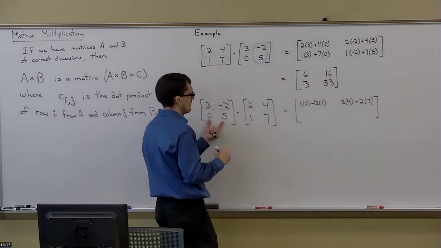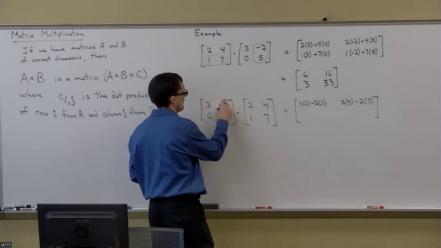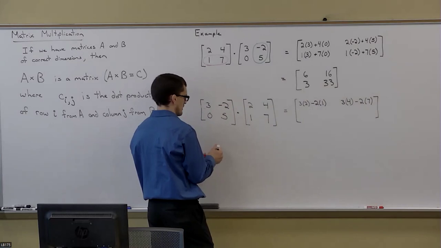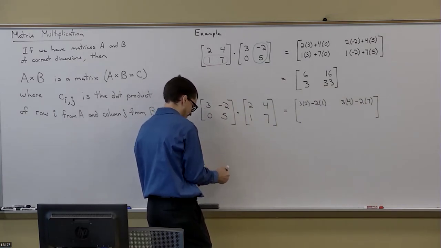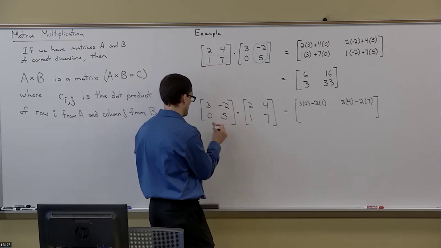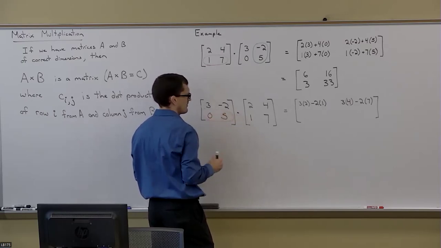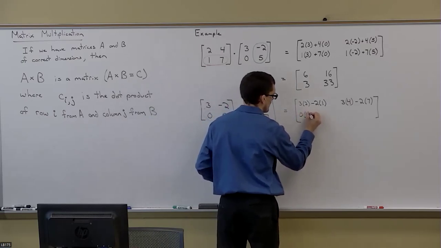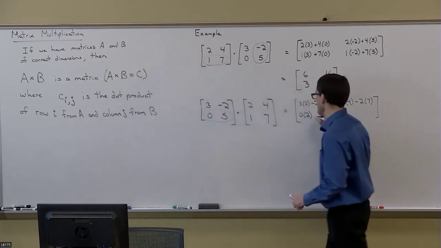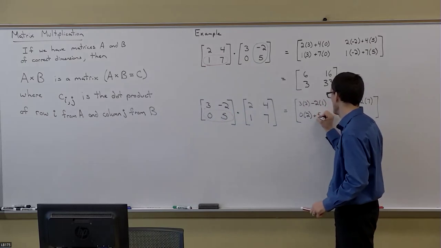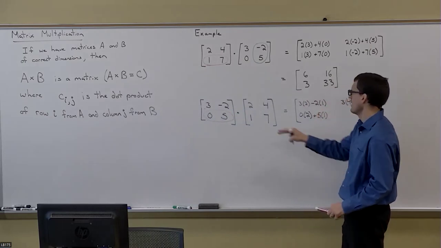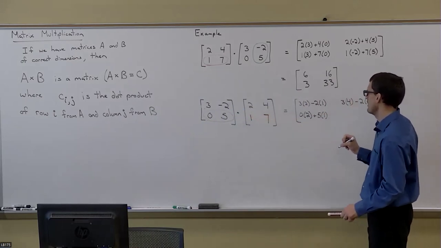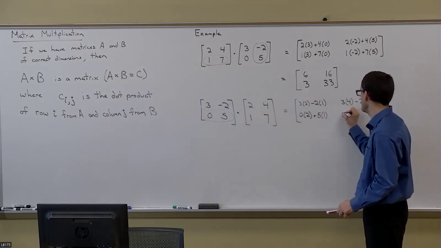Then I go to 0, 5, the second row. So 0 times 2 plus 5 times 1. Second row here, 0 times 4 plus 5 times 7.